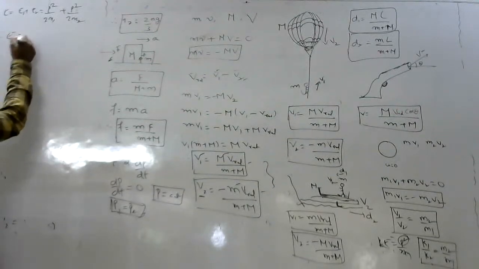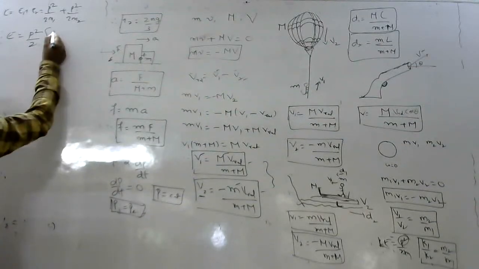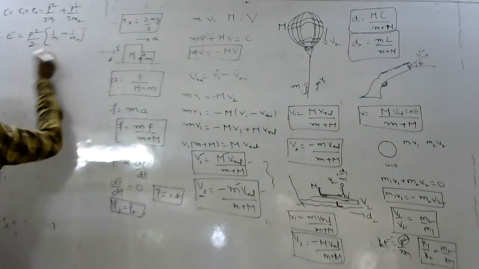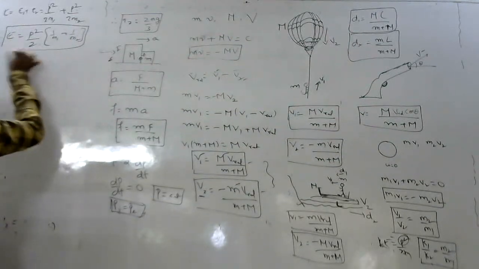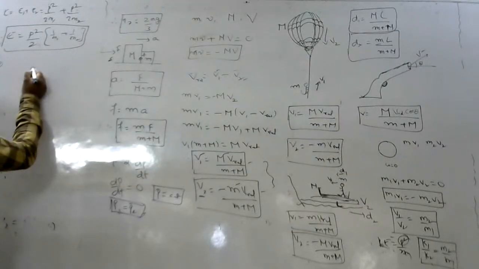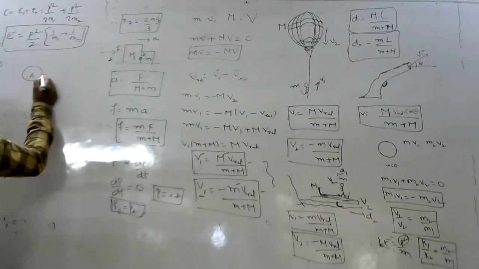Therefore, total energy E is equal to P square by 2, common, into 1 by m1 plus 1 by m2. And another application, disintegration. Consider a nucleus of mass number A.